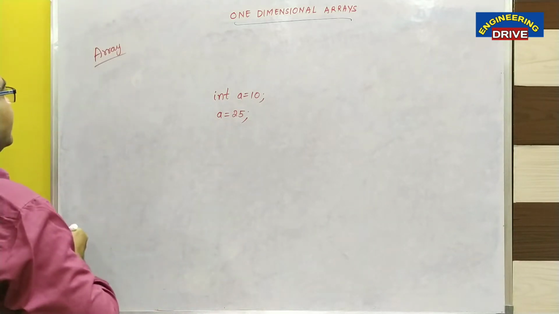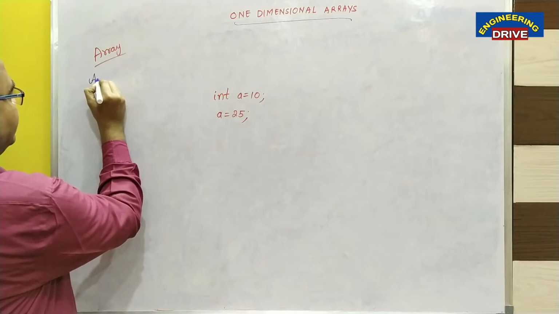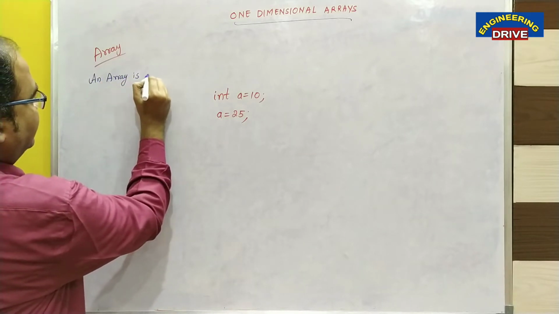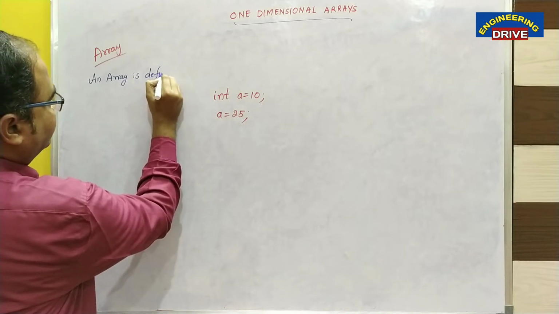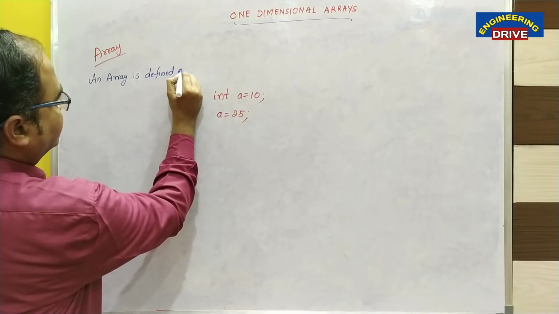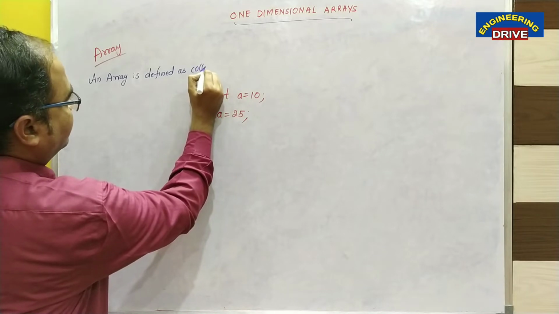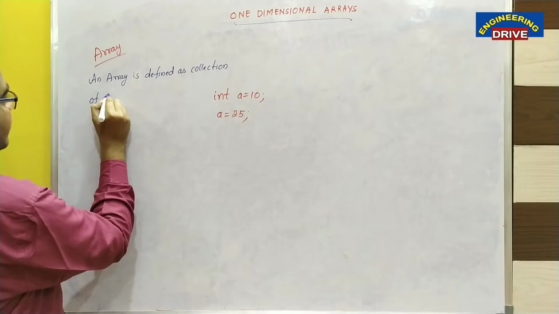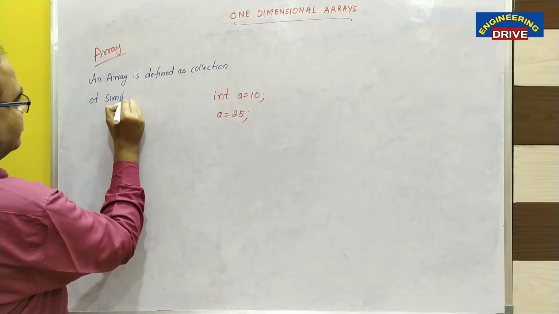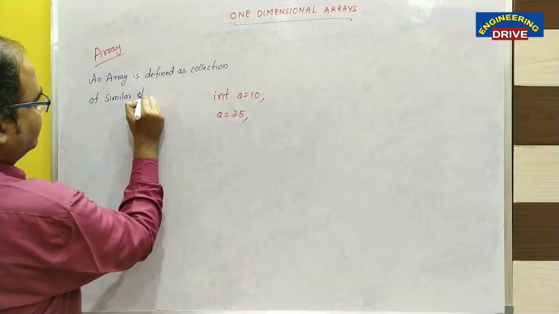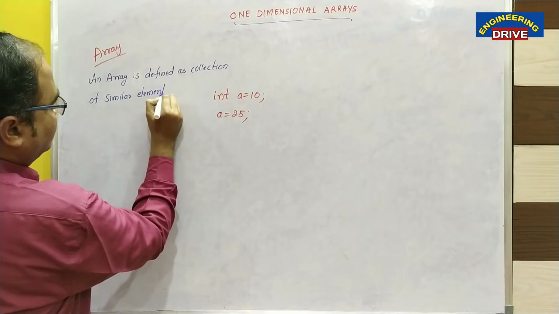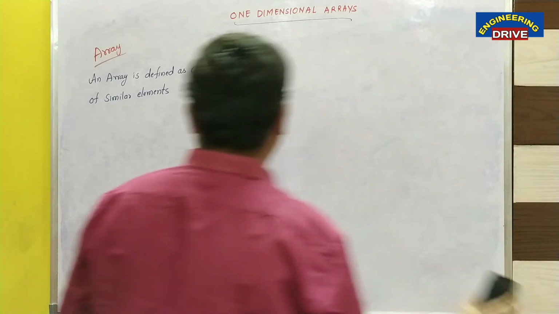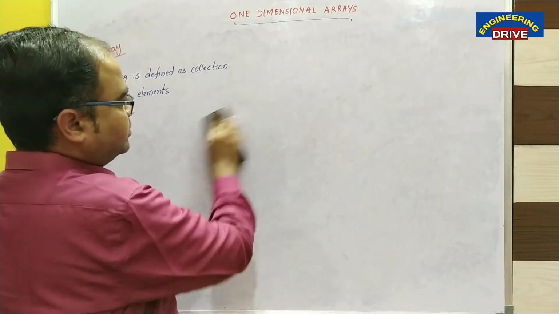An array is defined as a collection of similar elements.